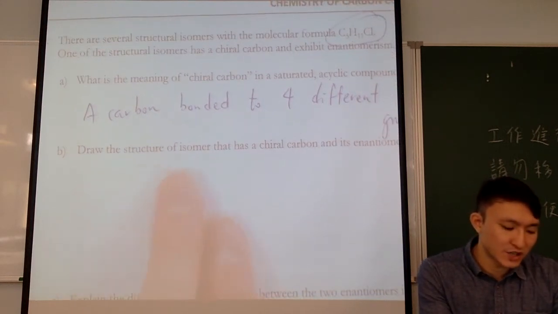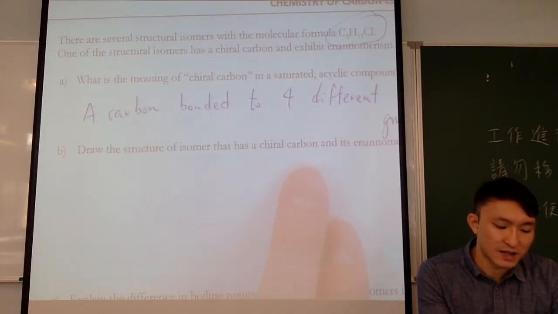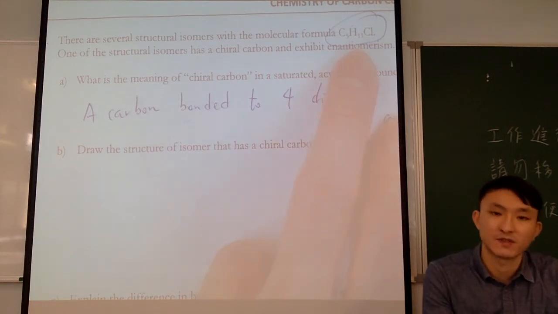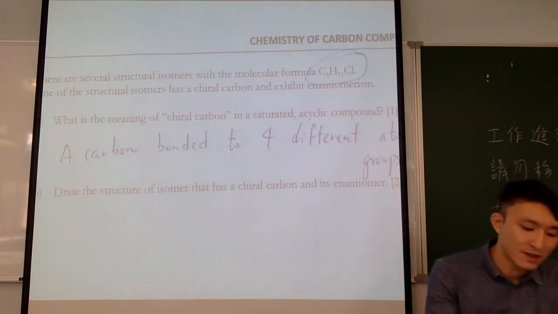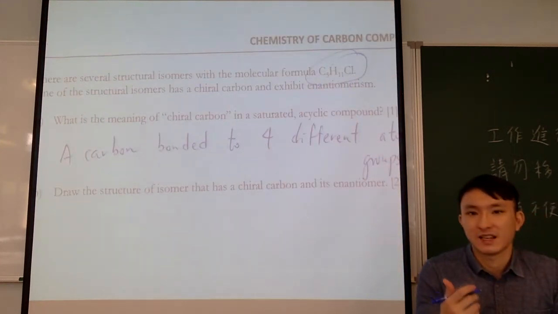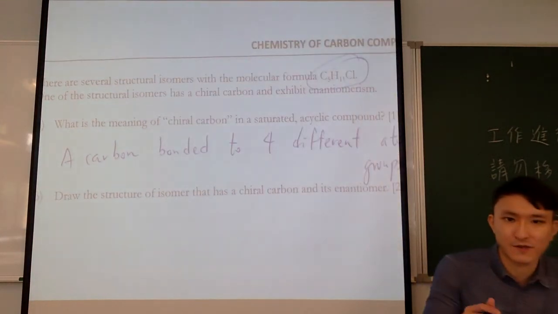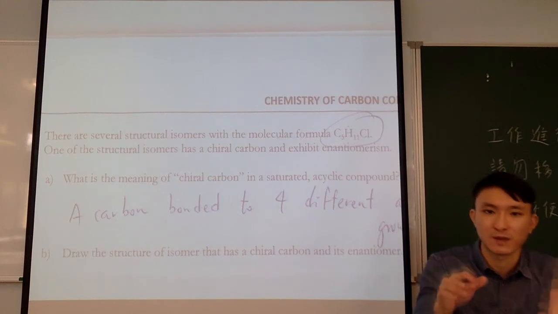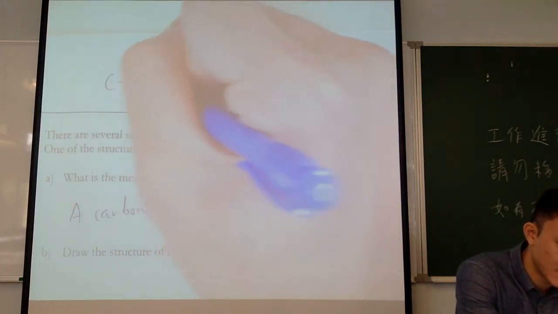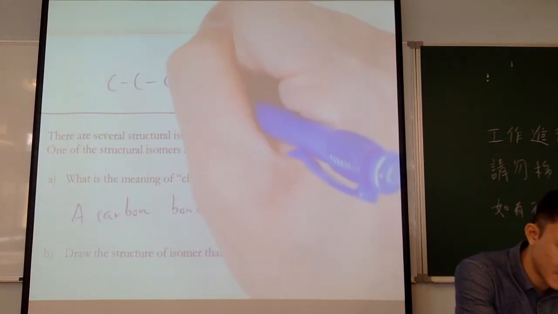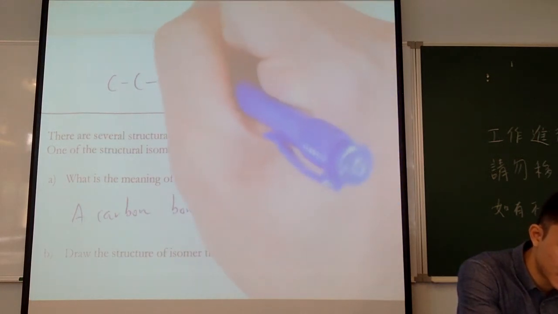Now, draw the structure of the isomer that has a chiral carbon and its enantiomer. So for this one, you need to figure out an isomer that fulfills this criteria. So you can first use the expanded structural formula to figure out. So it will probably be this one.